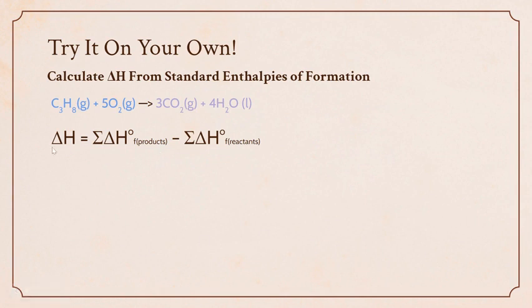And here I've given you the equation again, just as a reminder that this is the sum of all enthalpies of the products, and then the sum of all the reactants. You can use the link in the description or the textbook if you have it with you to find the delta H's and what they equal.